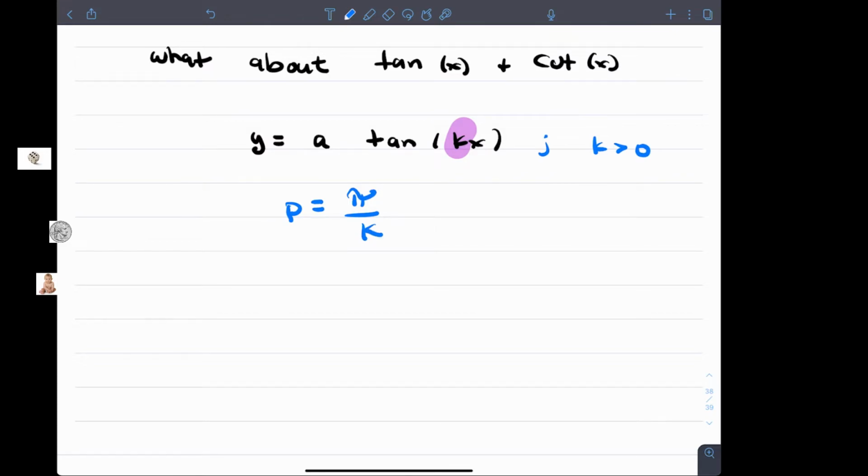We're going to go through that. So your interval of 1 cycle now is going to be negative pi over 2k, pi over 2k. So this will be for tangent, ladies and gentlemen.